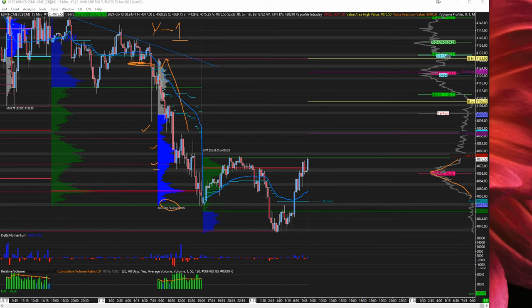So today scenario 1 is we open, we test lower to yesterday's point of control at 70, sorry, at 58. Which is in line with the VWAP, overnight VWAP, and then continue higher, take out the overnight high at 77.